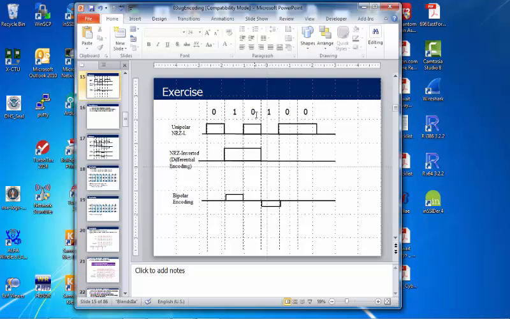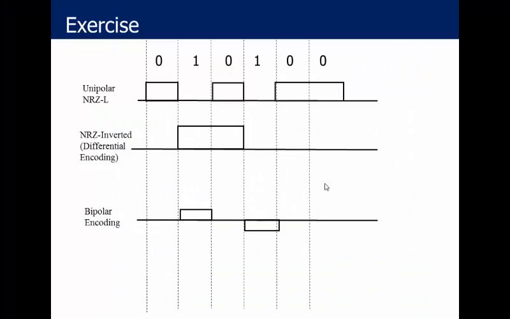So a 1 means there is a transition, and 0, no transition. Simply like this. This is the answer. All right, and bipolar encoding is similar to this, but rather than staying at the same voltage, we have bi-signed voltages.